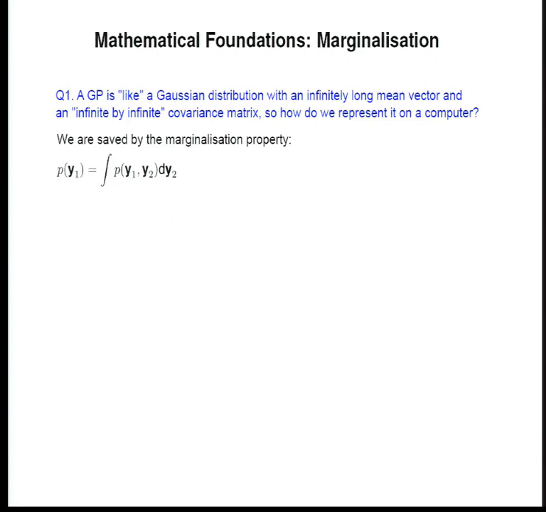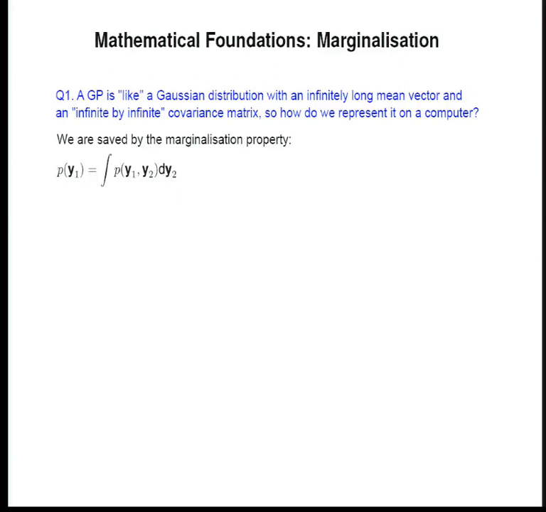Then we can get away with predicting at a finite number of points as well. And for any practical application, you're probably not going to need to predict everywhere. That seems unlikely. And the marginalisation property of the Gaussian says, it's fine, we can just deal with these finite number of points because we can marginalise out the rest of them and forget about them as if they weren't there.